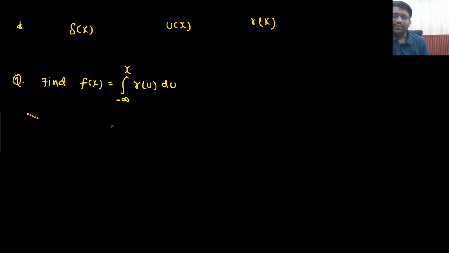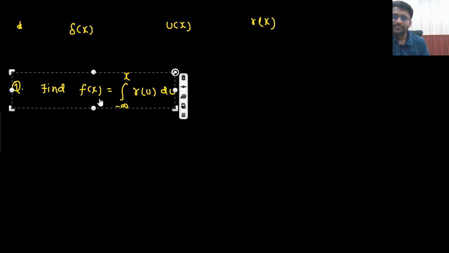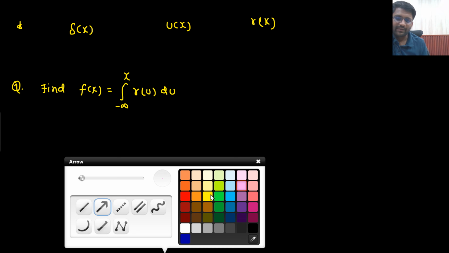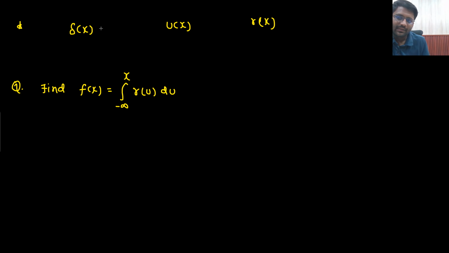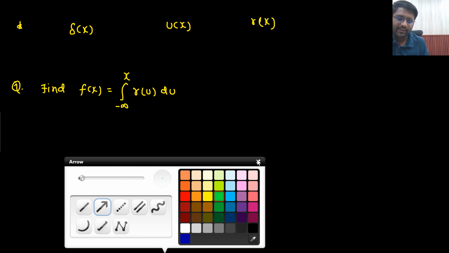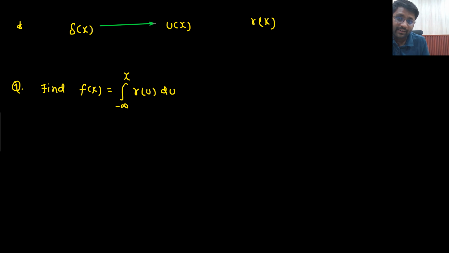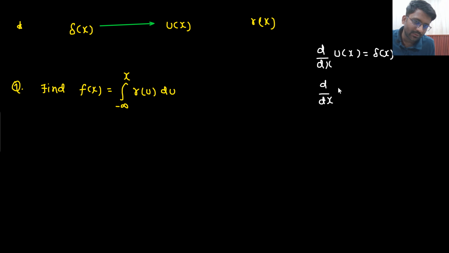So what you need to see from here? If I differentiate ux, what we have seen? D by dx of ux, what was the answer? Delta x. And d by dx of Rx also we have seen. What is the answer? That is ux.